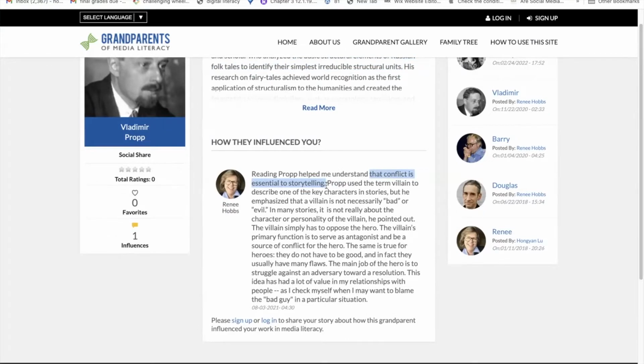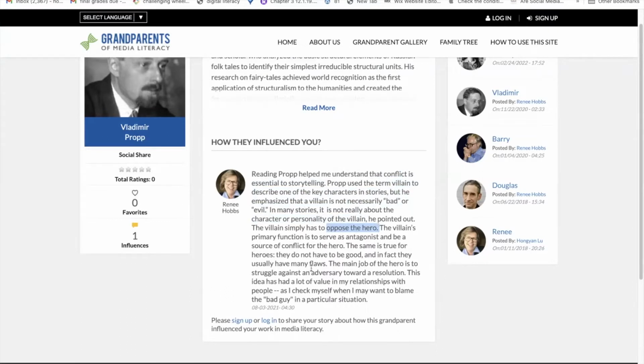The way he helped me understand the concept of the villain was really transformative, that villains are not necessarily bad or evil. And usually it's not really the character or personality of the villain. It's really just the function of the villain in opposing the hero, serving as that tension, that place of conflict.